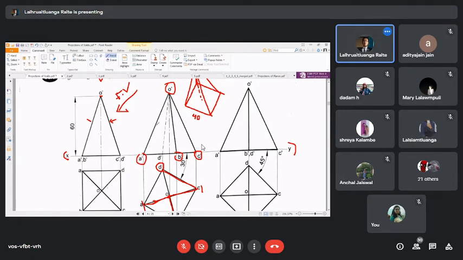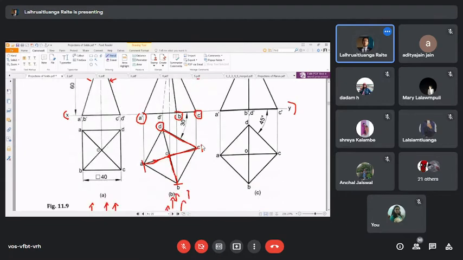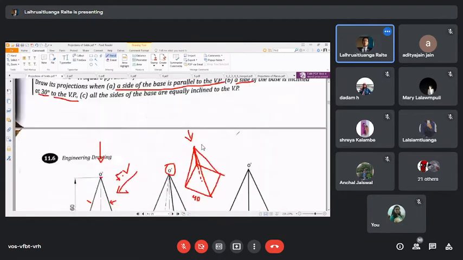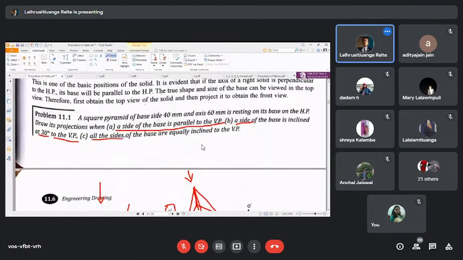All right, so now in the other point, third point C, it states that all the sides of the base are equally inclined to the VP. So in order for it to be equally inclined, there can be only one angle, right?